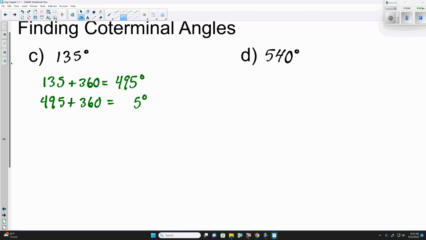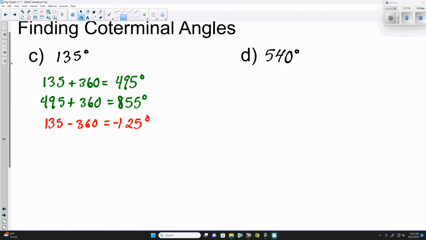And again, we can add 360 to it, which gives us 855 degrees. And we could also find negative angles by subtracting 360, which would be negative 225 degrees.